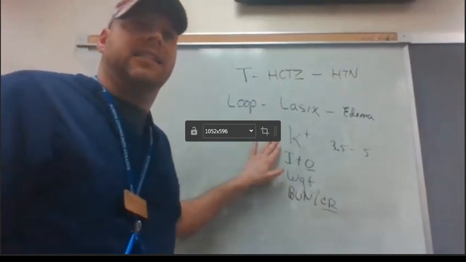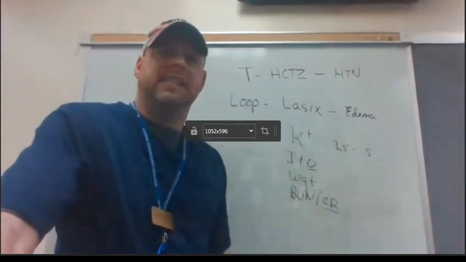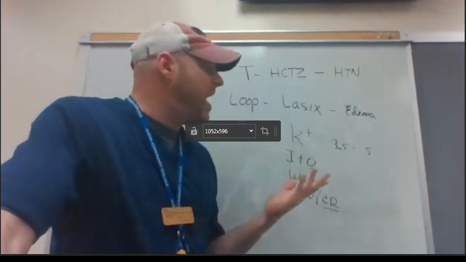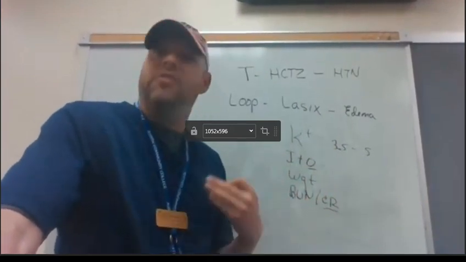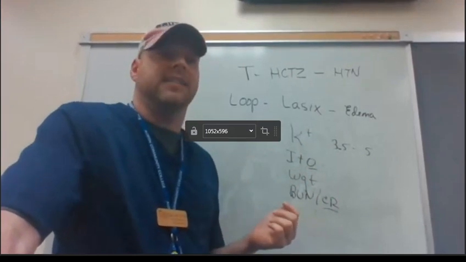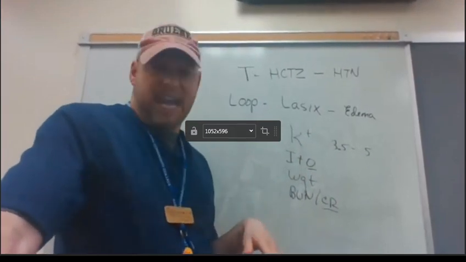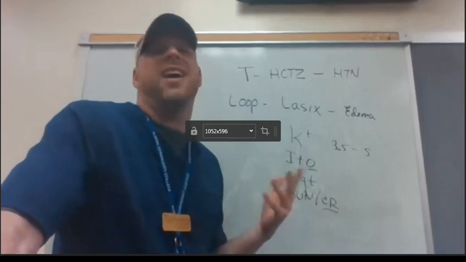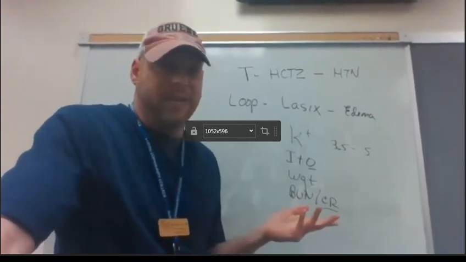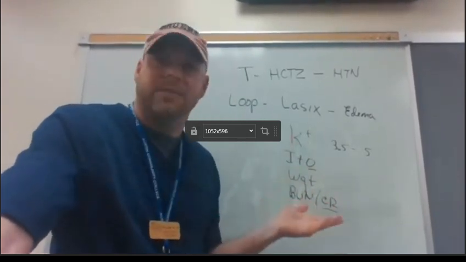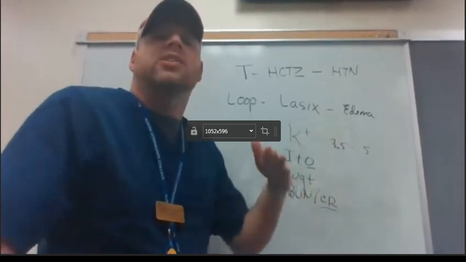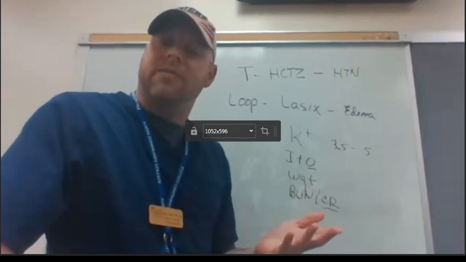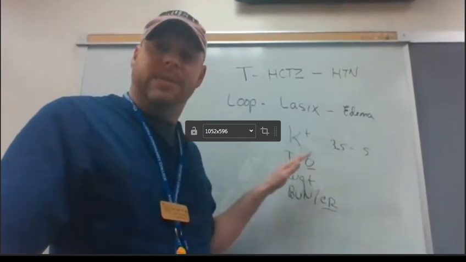I need that potassium level, and students always say, oh, my patient is on a diuretic, let's do foods high in potassium. And you say, eat a banana, eat a banana, eat a banana. Well, I can only eat so many bananas. You need to eat 20 of them to get your potassium up to a normal range, correct? So, of course, we reinforce a diet high in potassium.